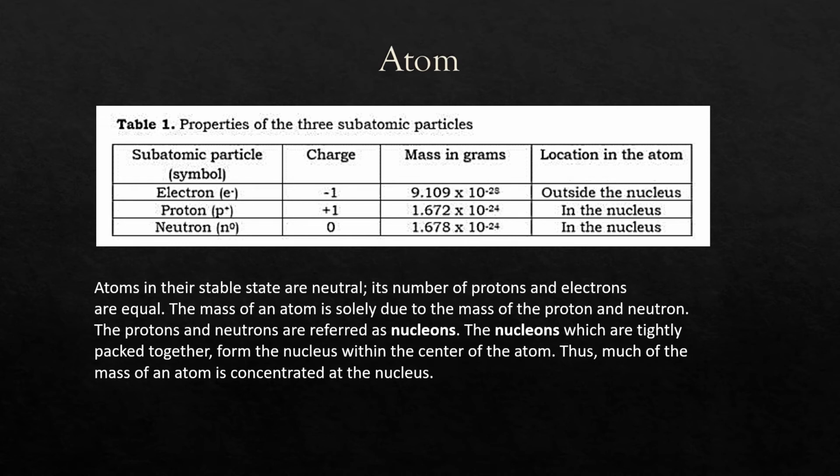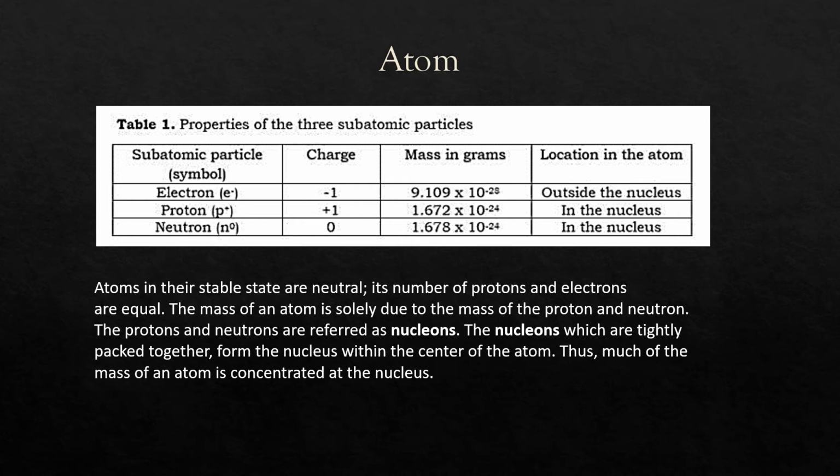As you can see here, Table 1 is all about the properties of the 3 subatomic particles: the electron, proton, and neutron. You can also see the symbols, the charge, the mass in grams, and their location in the atom.